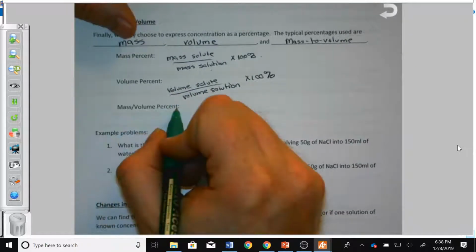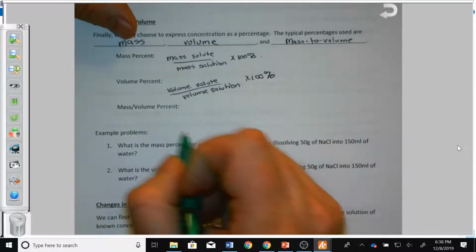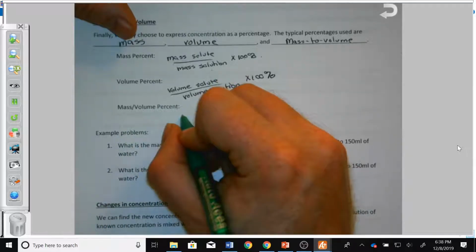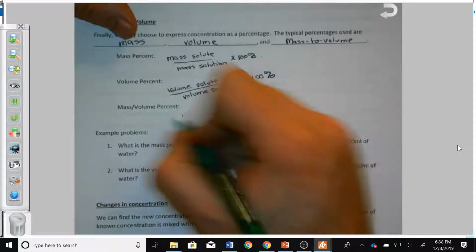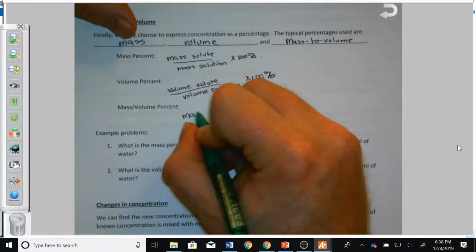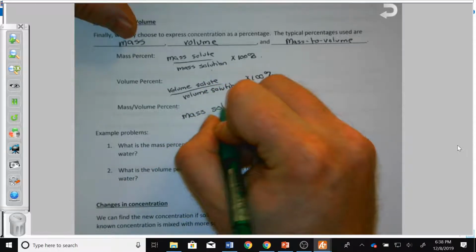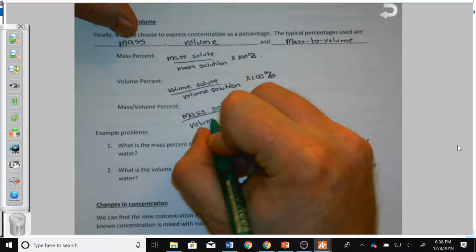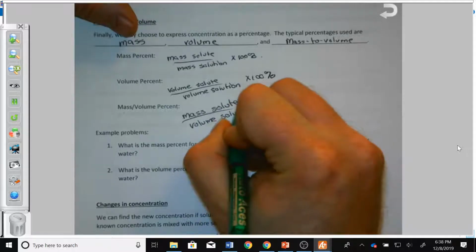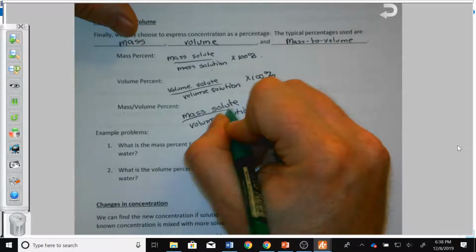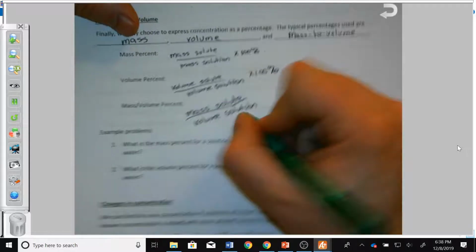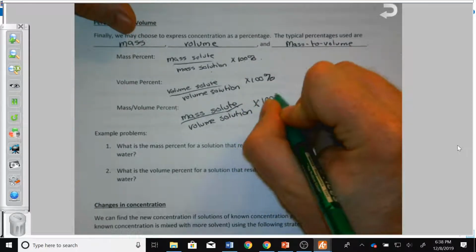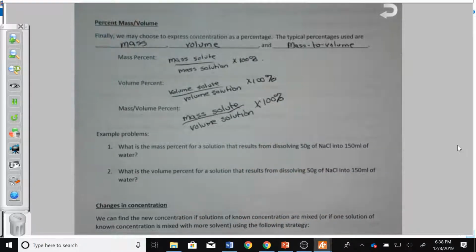And a mass to volume percent, side thought I'll share with you in just a second, is the mass of the solute to the volume of the solution. And as far as I'm aware, this one is mainly used in the medical field. And that would also be times 100.